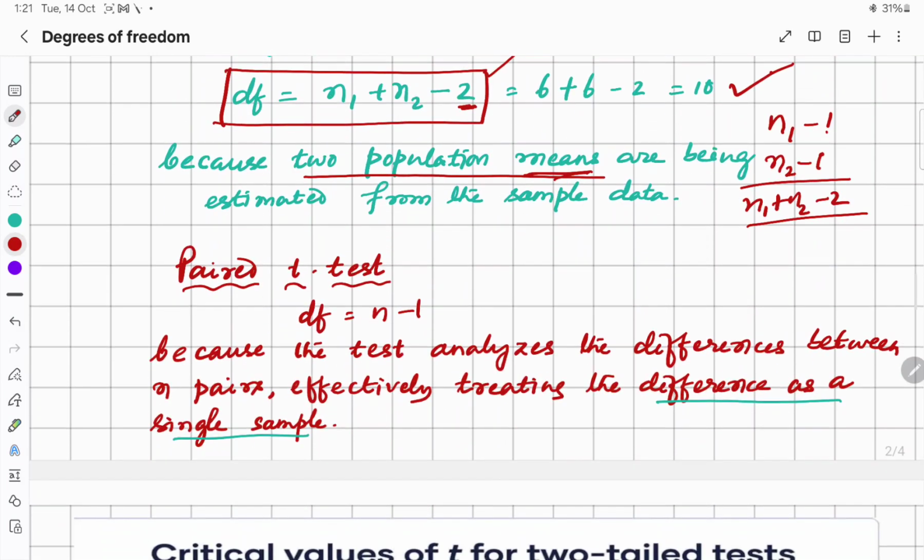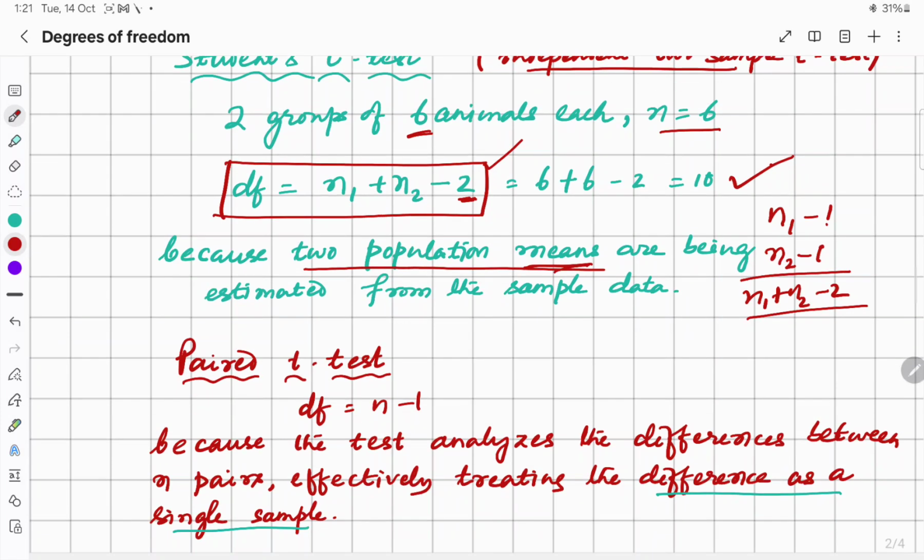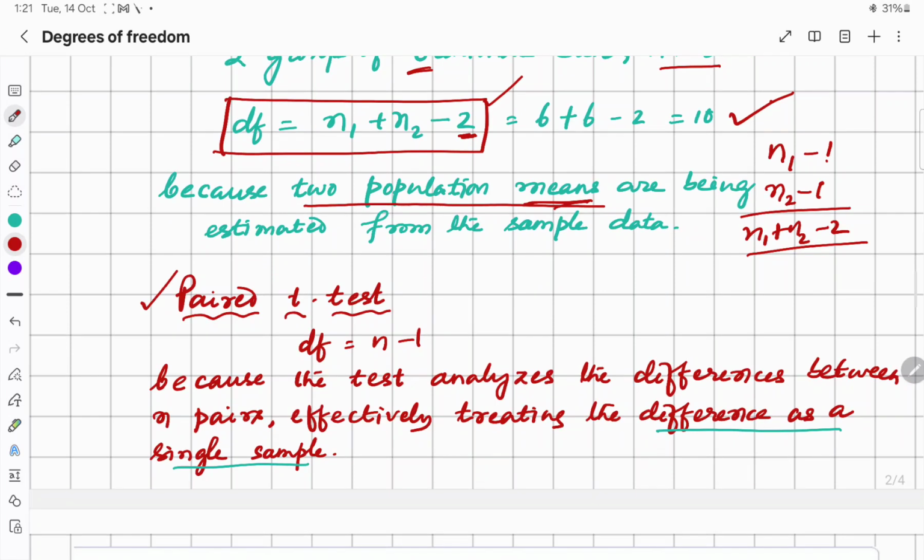This is for the 2 sample t-test. If we use only a single sample, that is a one sample test, for example the paired t-test. Paired t-test is usually used when there is data before and after. Suppose we are administering a drug, so before administering the drug, what is the value, and after administering the drug, what is the value, and the animal is the same animal.